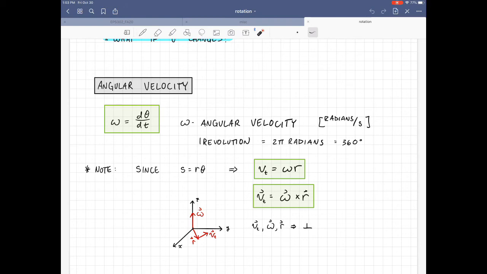You can see this picture here, same idea, I've just swapped in velocities rather than positions. Again, the velocity, the angular velocity, and the radial position vector, those are all perpendicular.